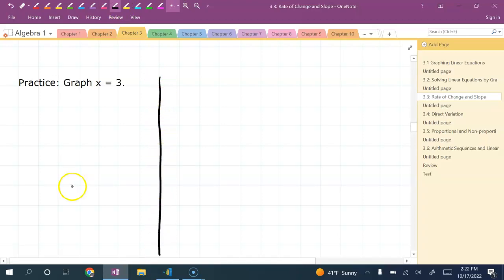So for this one, you are at x equals 3. Because you're just having an x value, you should be on the x-axis. You should go right 3. Kind of think about a point being there. And you should draw a line through the 3.